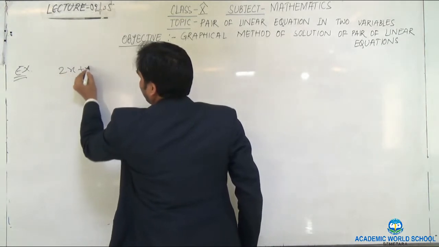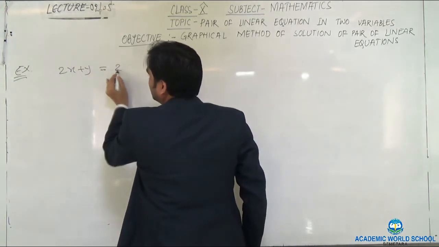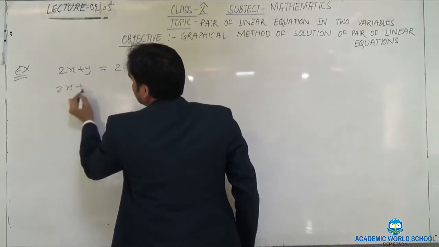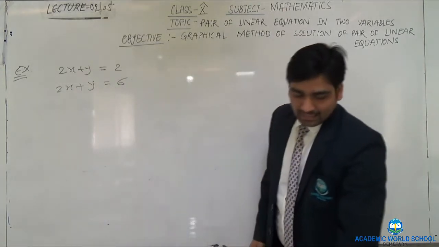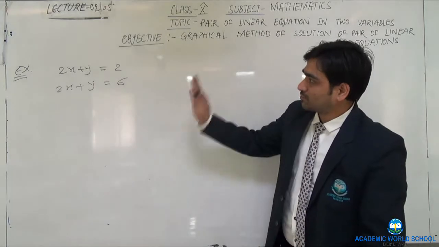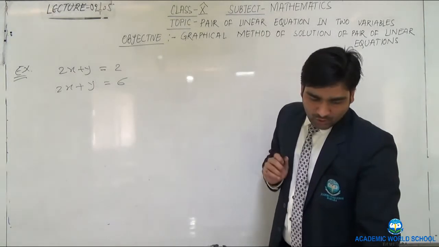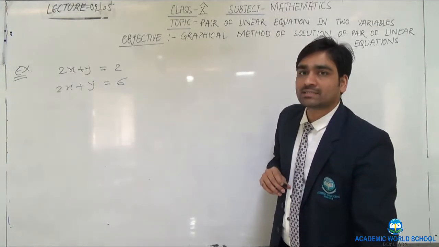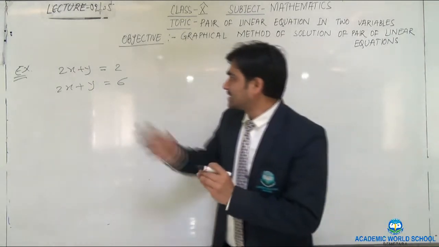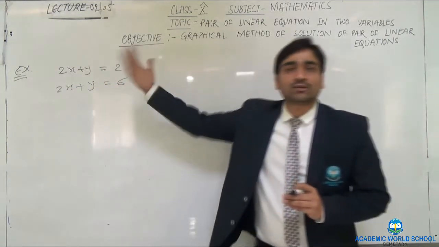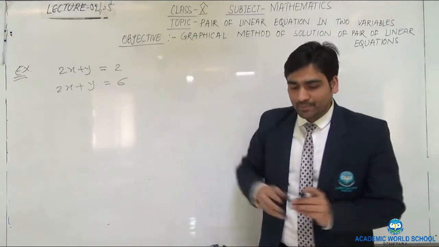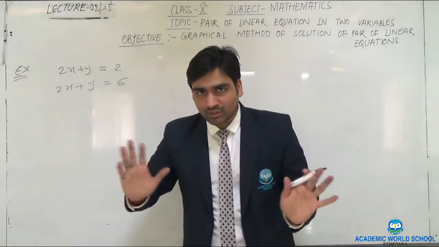2x plus y is equal to 2 and 2x plus y is equal to 6. Okay, 2x plus y equals 2 and 2x plus y equals 6. So first this pair of linear equations we will represent on the graph. For representing on the graph, we know the procedure.